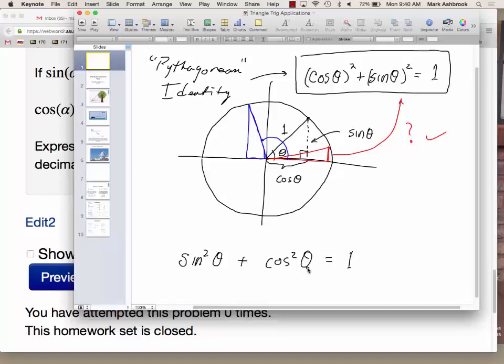Okay, here's another example of a common identity in trig. So any questions about the Pythagorean identity? It's the one you'll see the most often, okay?